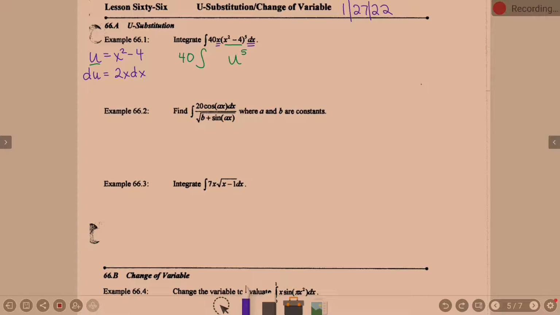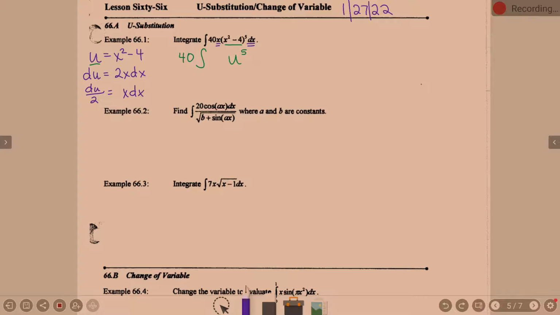So how can we make this just be x dx equals? Divide by 2. And so the idea here is that x dx is going to equal, and there's a couple different ways you can write it, du over 2 for this purpose. You could also, if you prefer, write that as 1/2 du.